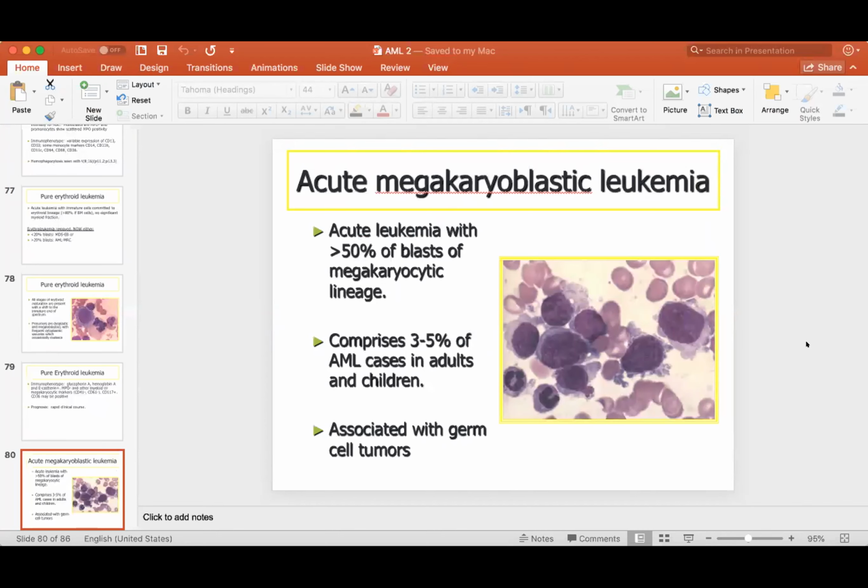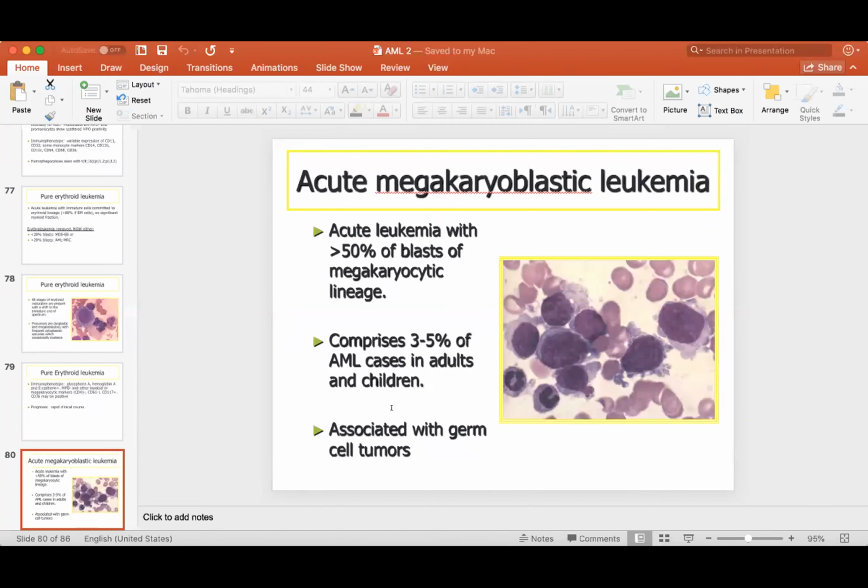Acute megakaryoblastic leukemia. This one is an acute leukemia where more than 50% of the blasts are of the megakaryocytic lineage. So again, when they're megakaryoblasts, you see these cytoplasmic projections or pseudopods or blebs. That's characteristic of the megakaryocytic lineage blasts.